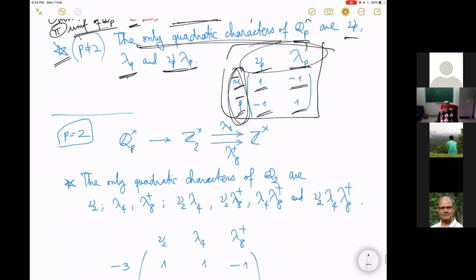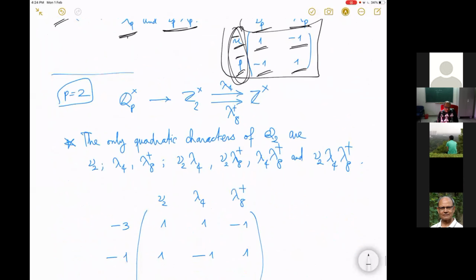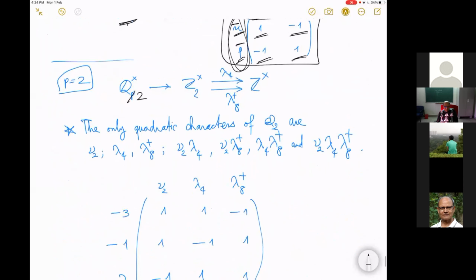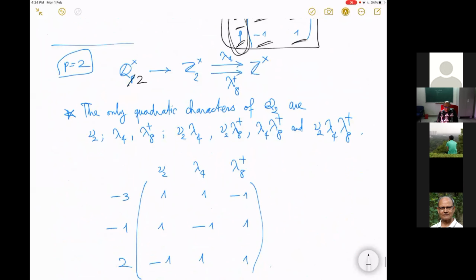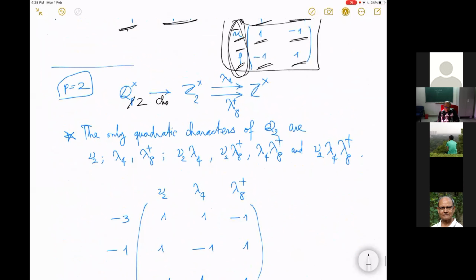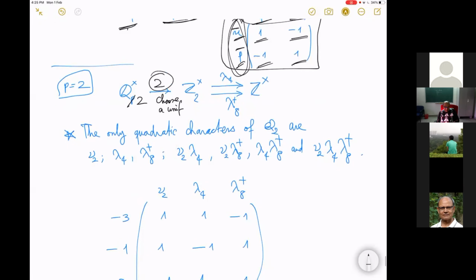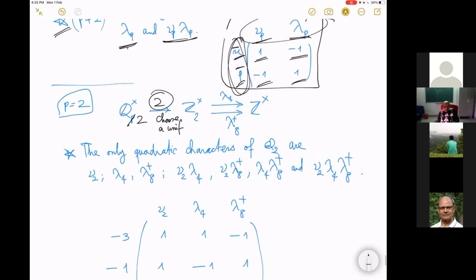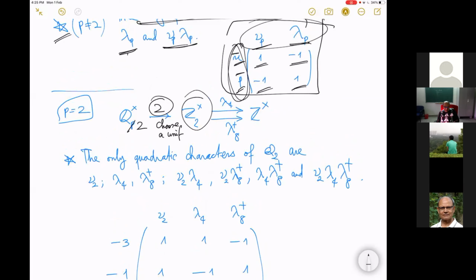And the same thing we have to do for Q2. So here this p should be 2. So we have Q2 star modulo squares. Here we have to choose a uniformizer. We could take 2 as a uniformizer. So if you choose a uniformizer, you get a homomorphism from Q2 star to Z2 star. And on Z2 star, we have defined these two quadratic characters, lambda 4 and lambda 8 plus.